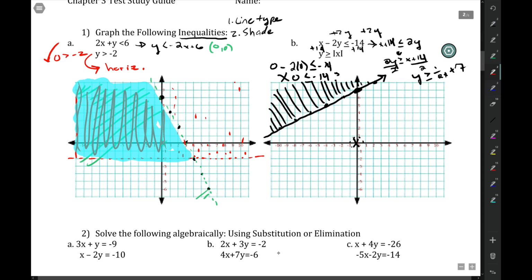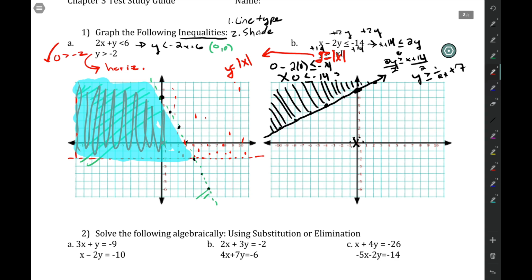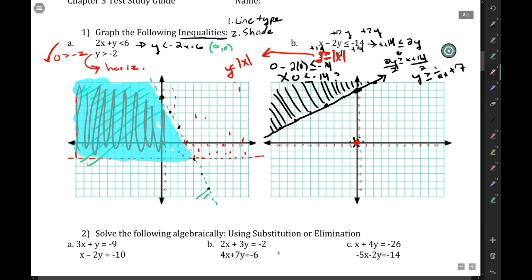Now, y is greater than or equal to absolute value of x. Oh no, the absolute value of x. Use your graphing calculators, guys, again, but this is simply the parent graph of our absolute value function.